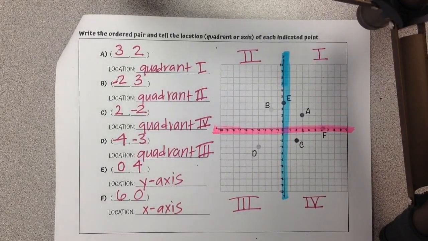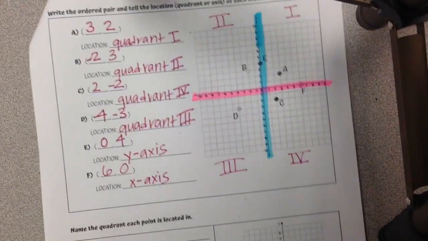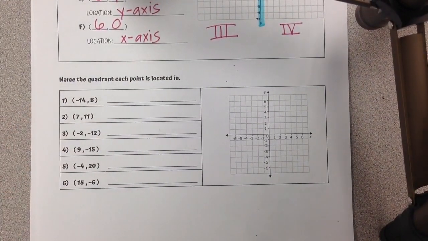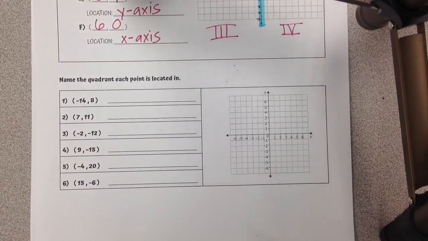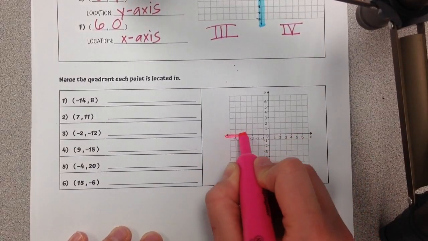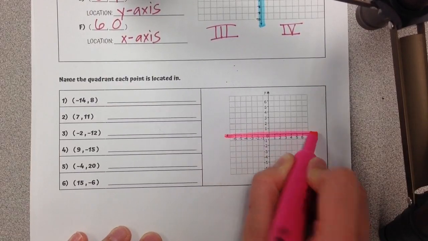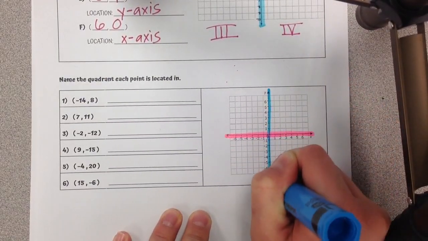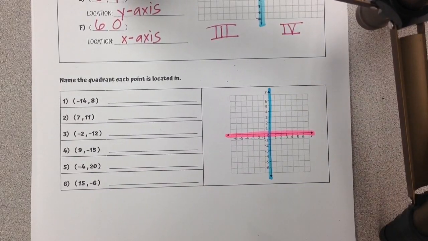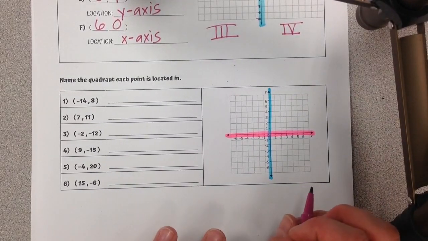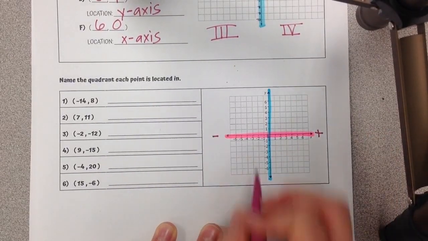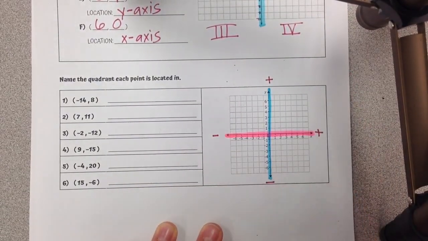For this next part, all we want you to do is name the quadrant each point is located in. So again, we're going to practice this visual of our x-axis, our y-axis. And just as a reminder, this is the positive direction, negative, positive, negative.